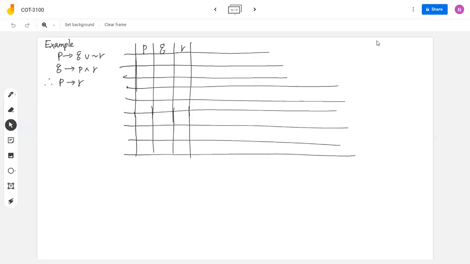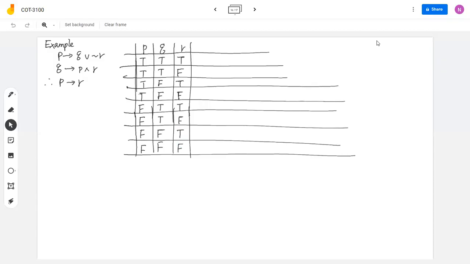T, T, T, T, F, F, F, F, T, T, F, F, T, T, F, F, T, F, T, F, T, F, T, F.